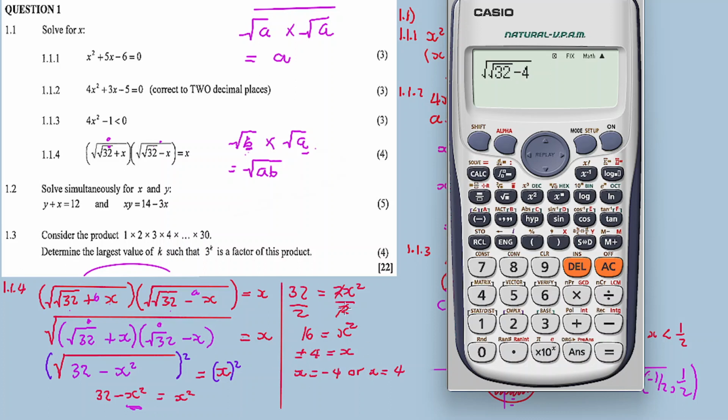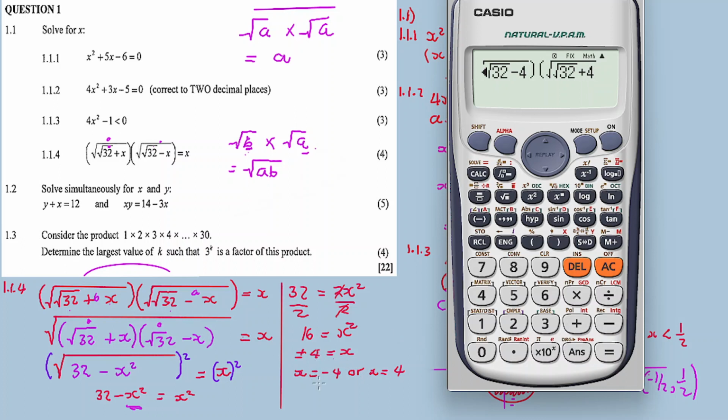We want to see whether our x balances this equation. You just test whether your solutions balance the equation. So square root 32 minus 4, close bracket, open another bracket, we see square root 32 minus minus, no, it's going to be plus. It's going to be plus.